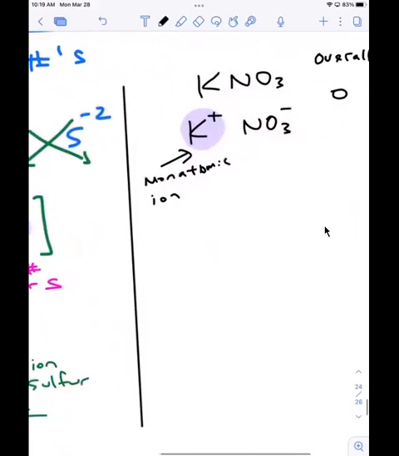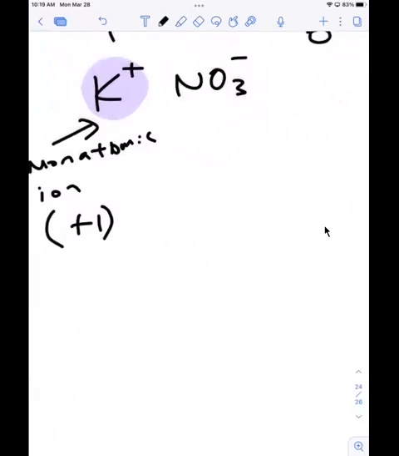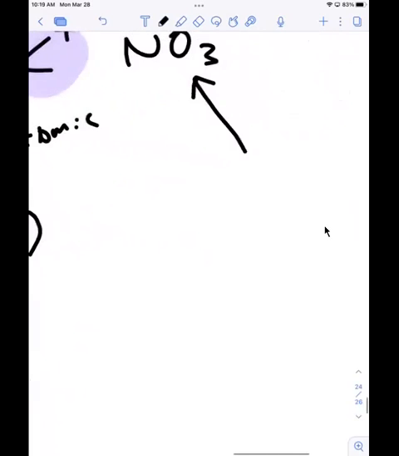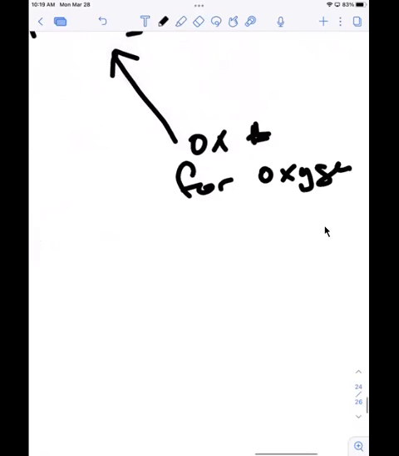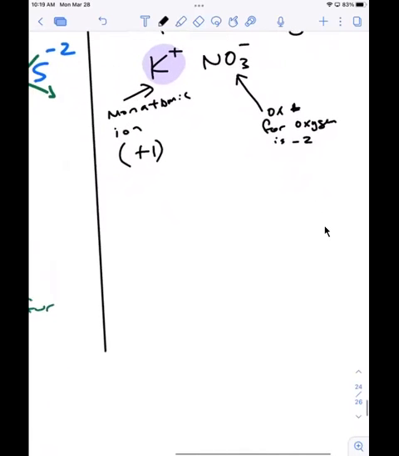So this is going to have an oxidation number of +1. And then we know oxygen, if it's involved in a molecule and not molecular oxygen like O2, the oxidation number based on the rules is -2. Right.